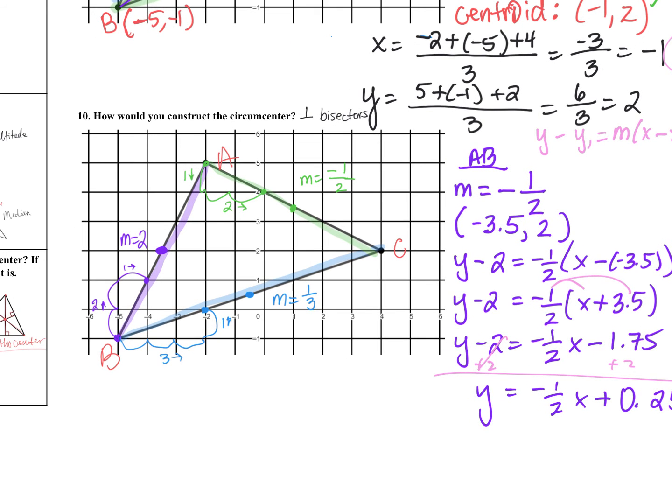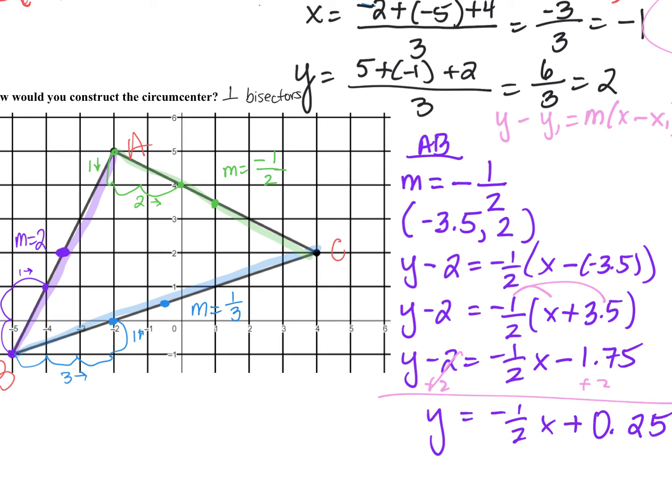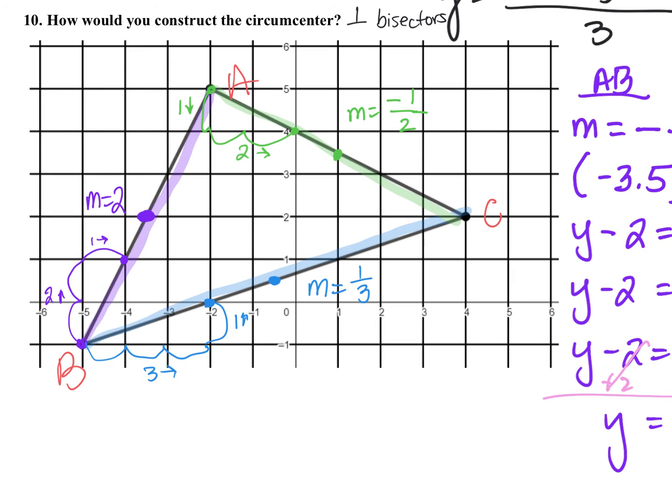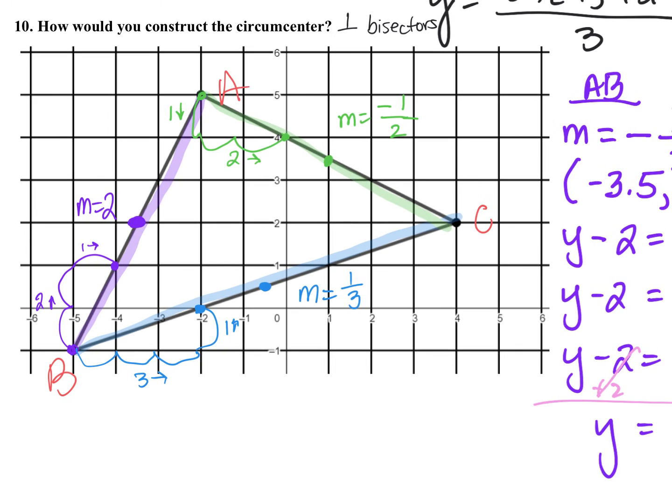We're just going to do this one. So let's go ahead and plot this point. I know that it goes through that point. Since our slope is negative 1/2, I'm going to start from that point. It's going to be 1 down and 2 to the right. So 1 down, 2 to the right. So here would be another point.